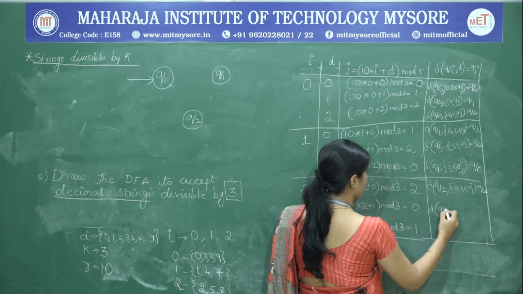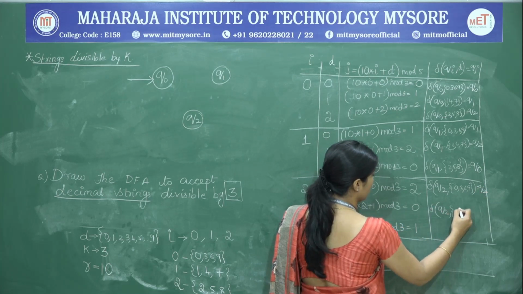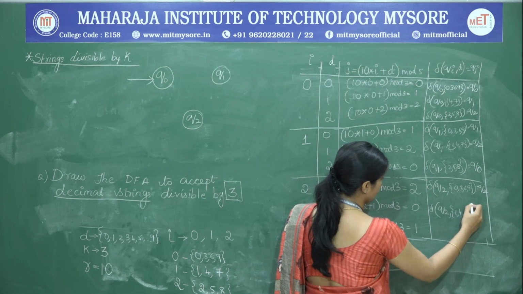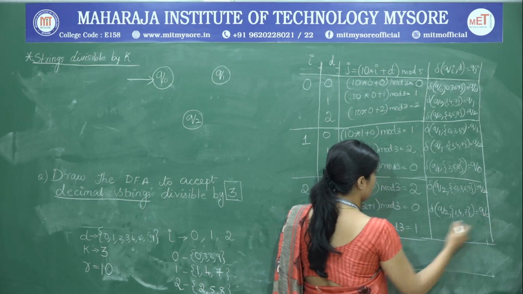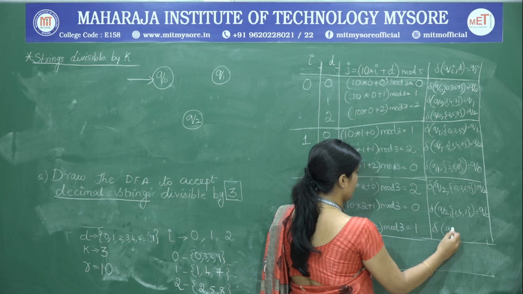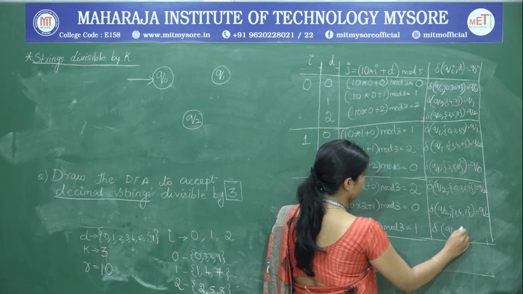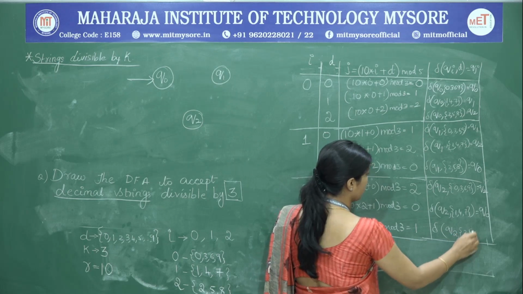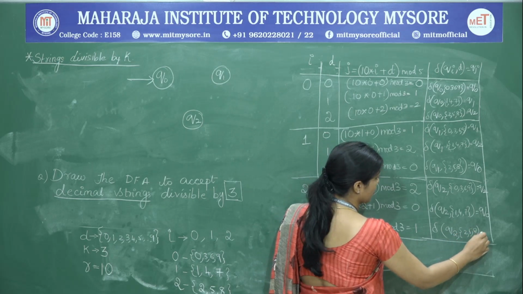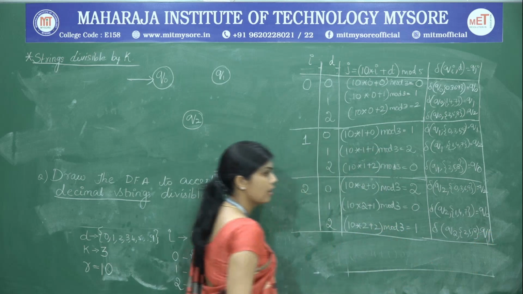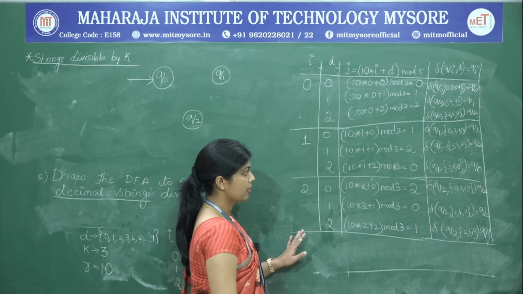Delta of q2 on 1, 4 and 7 goes to q0, and delta of q2 comma 2, 5 and 8 goes to q1. So we have finished this.